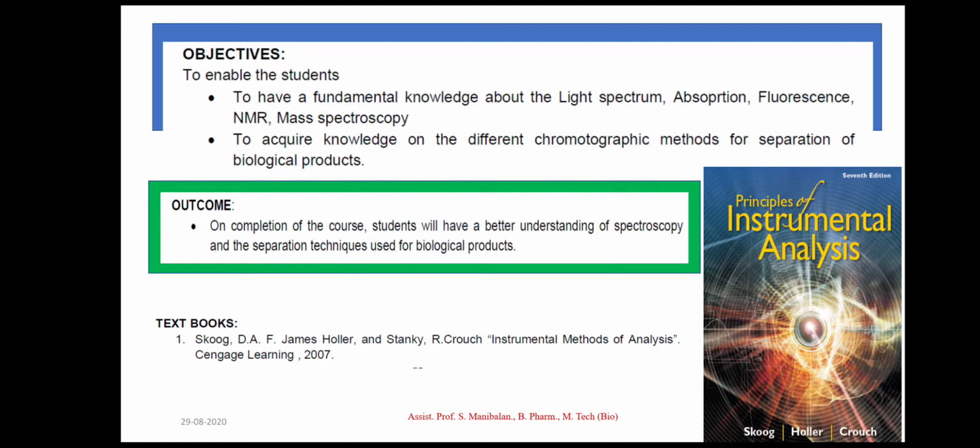So the outcome is that after completion of this course, you should have a better understanding of all types of spectrophotometers and all types of chromatographic techniques. Then only can you choose the appropriate technique for the respective samples which you are going to analyze, right?